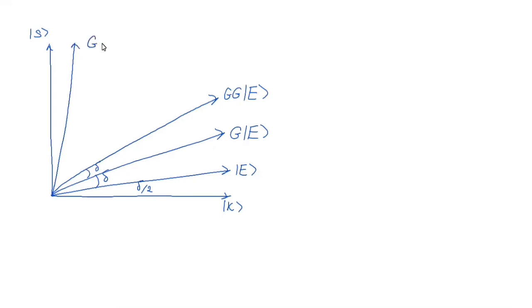And we can keep doing that until we get very close to the vector S. So let's say that after multiple Grover iterations we end up here. So we applied it multiple times to vector E, and let's say this is m. We would like to find out what m is equal to in order to get to the vector S as close as possible. So let's make this angle alpha.